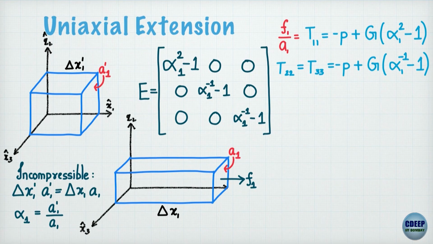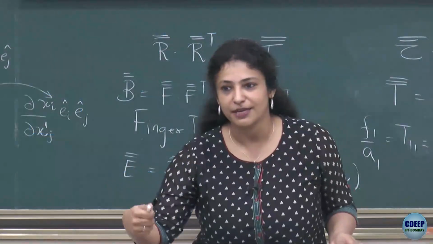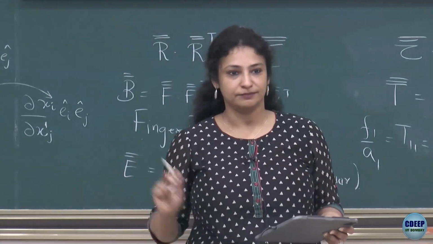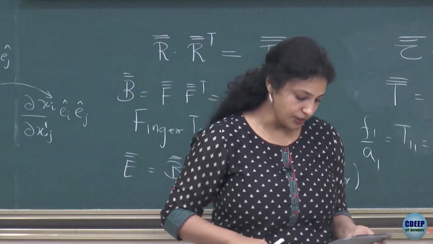So, by putting T22 and T33 equal to 0, you can derive a relationship for P in terms of G and alpha 1, and you are able to do that because they are free surfaces. You have not applied a force on the second direction, you have not applied a force on the third direction, which is free. Yes. All right.